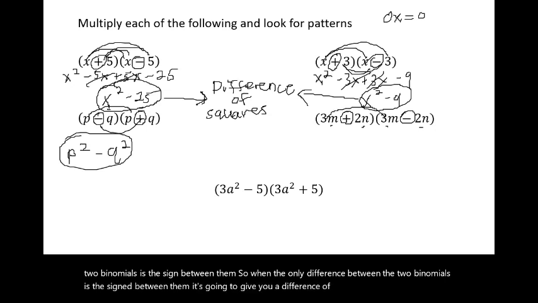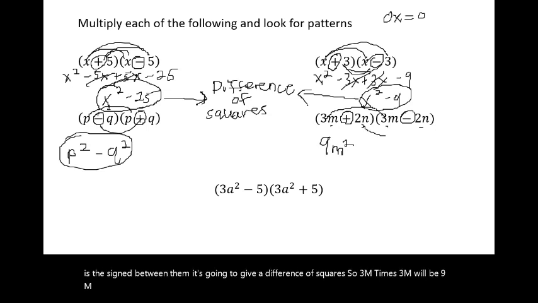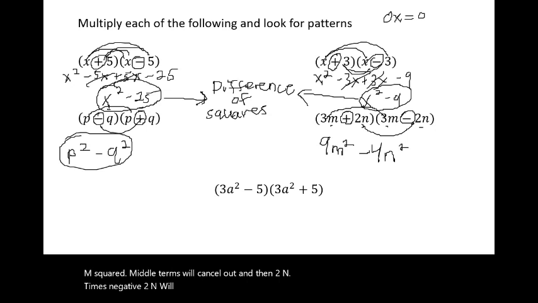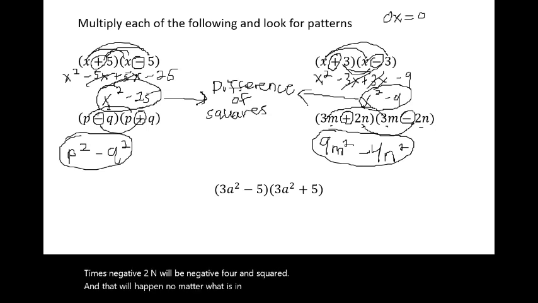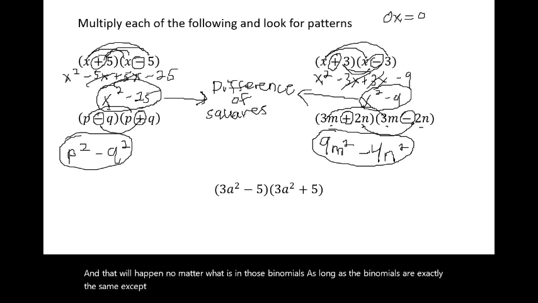So 3m times 3m will be 9m squared. Middle terms will cancel out, and then 2n times negative 2n will be negative 4n squared. And that will happen no matter what is in those binomials. As long as the binomials are exactly the same except for the sign between them, you're going to end up with a difference of squares.